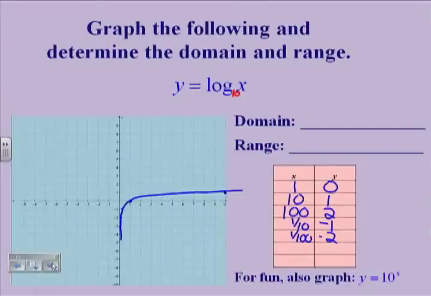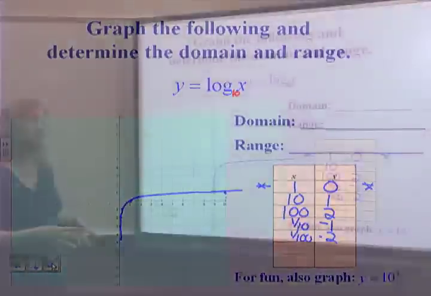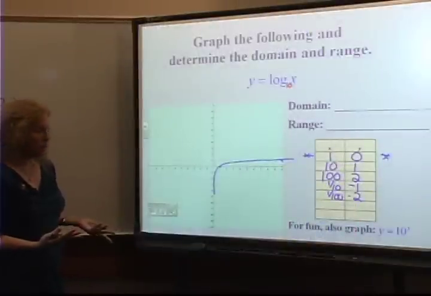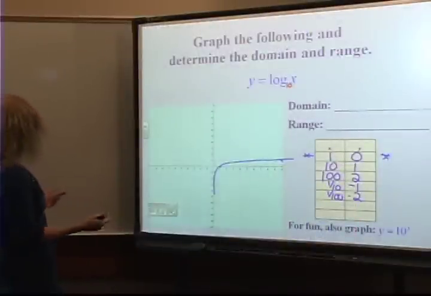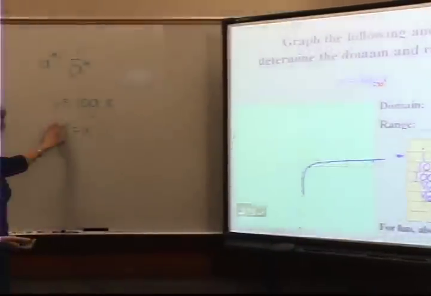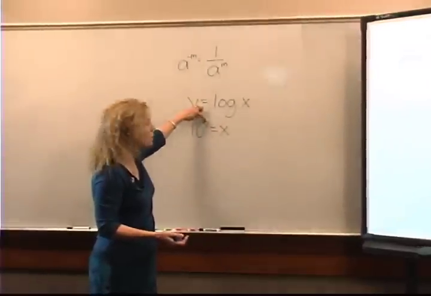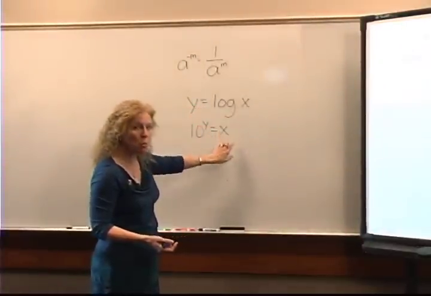Okay, now by the way, the other one, our previous log function graph, also went through the point (1, 0). Does it make sense that this point would be on the graphs of all of our basic log functions? Reason being, any base to the 0 power will give you a 1.